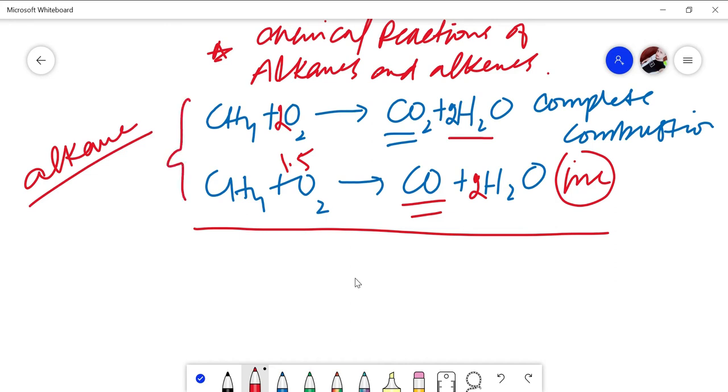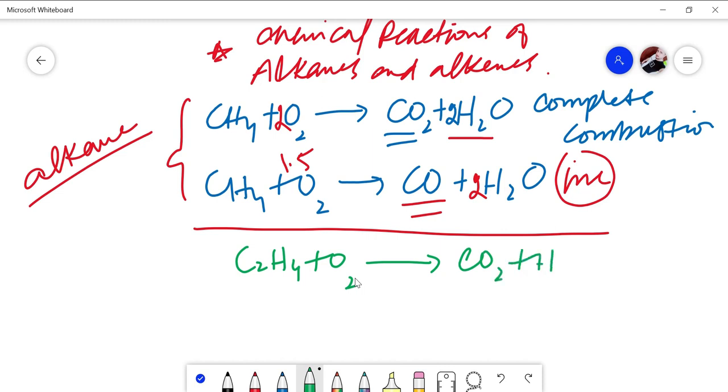These two. Now I'm picking up alkene. For alkene, I'll pick C2H4 and I'll combust this. Let us see what we are getting: carbon dioxide and water. I'm not balancing this one, just showing you that it generates carbon monoxide and water.